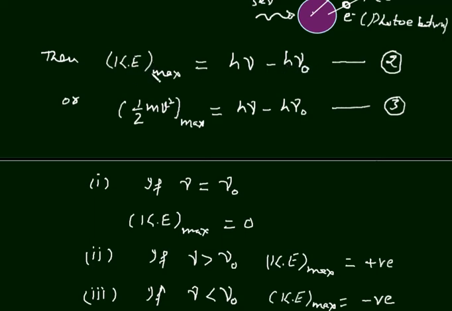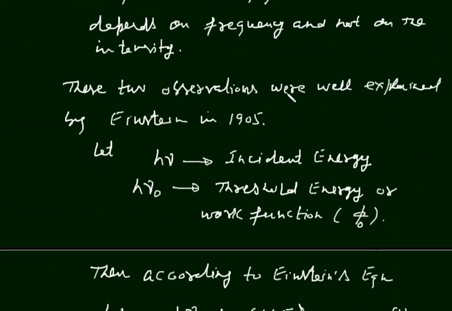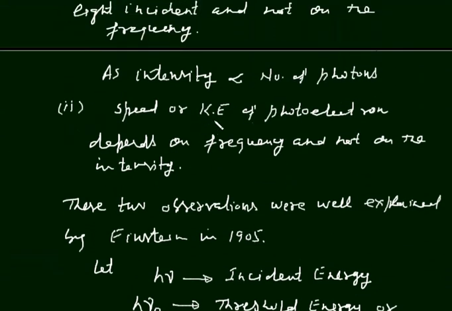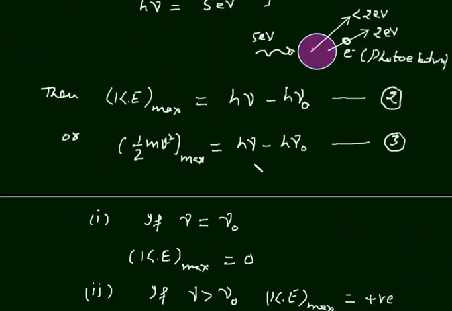Then maximum kinetic energy depends on frequency, and this was our observation also, that the speed or kinetic energy of photoelectron depends on frequency. This observation was well explained by Einstein, and it will not depend on the intensity, since here there is no mention of number of photons, so maximum kinetic energy depends on frequency only.